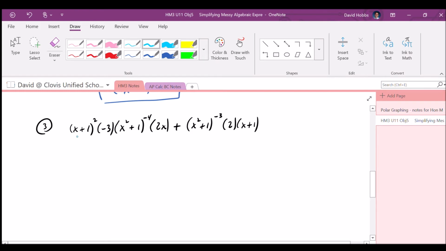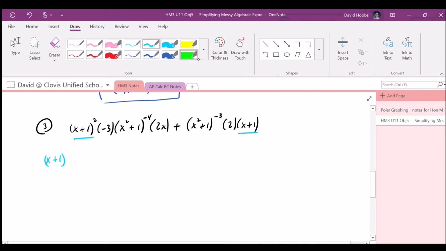Sorry, I have x plus 1 here, and I have x plus 1 over here. So we have x plus 1's in common. Okay, now how many of them do we have? We have 1 in common to both of them. Okay, so x plus 1, just one of them in common.